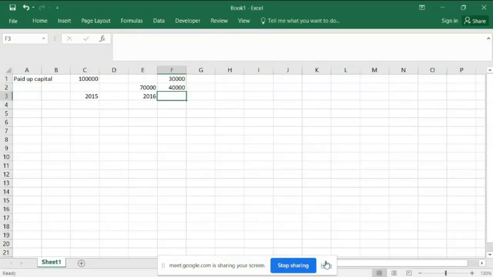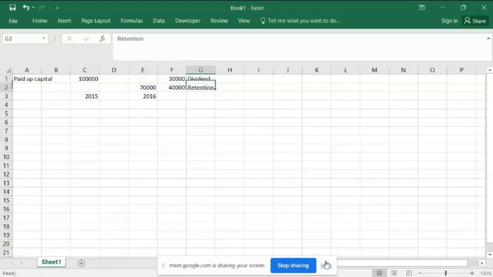So where are they going to keep this 40,000 rupees? During the appropriation, this particular portion is called retention. Retention. And this 30,000 is going to be declared in the form of dividend.